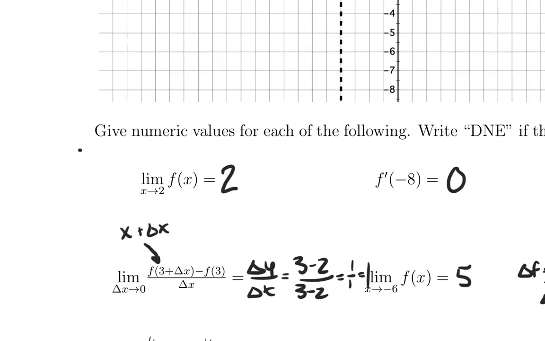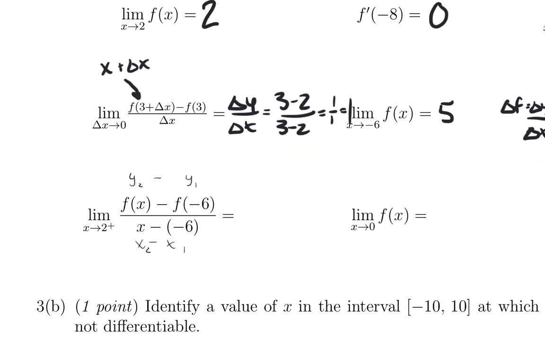So as x approaches 2, this is going to be f of 2 minus f of -6 over 2 minus -6. And so f of 2 is equal to 2 minus f of -6, which is 5, all over 2 plus 6. And so this is going to be equal to -3 over 8, which cannot be simplified anymore.